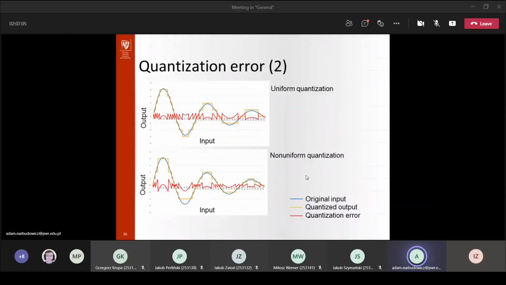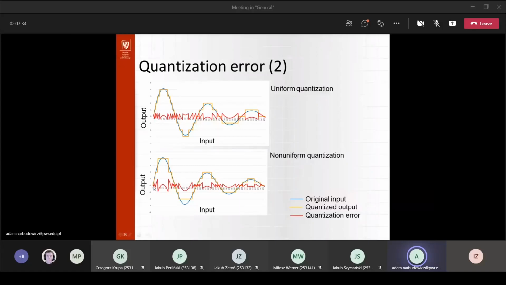We can try to change or reduce this information loss. Here's an example of the errors with two types of quantization. One is uniform and the other is non-uniform. Hopefully you can see here that with the non-uniform case, we have much denser steps for the low signals, up to, let's say, amplitude 1 in arbitrary units.